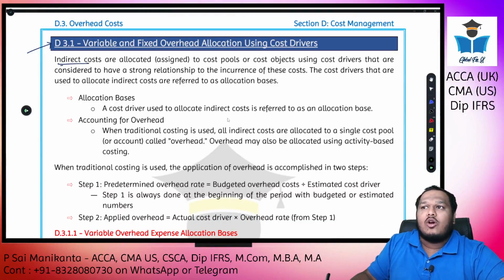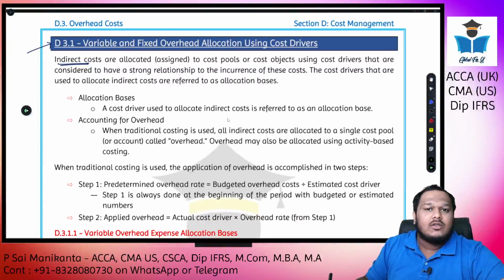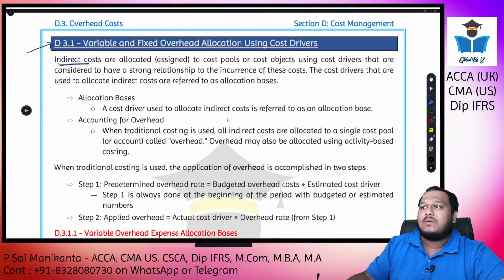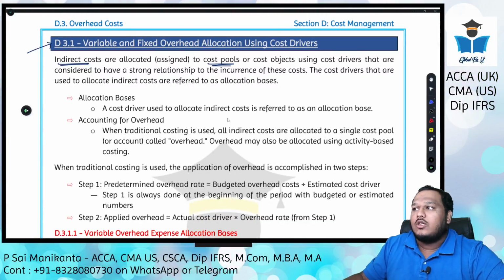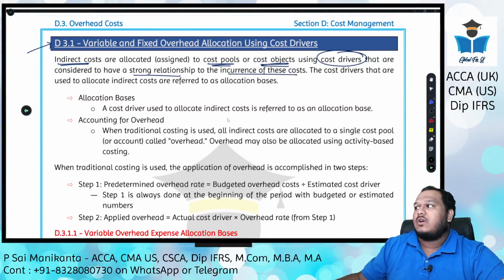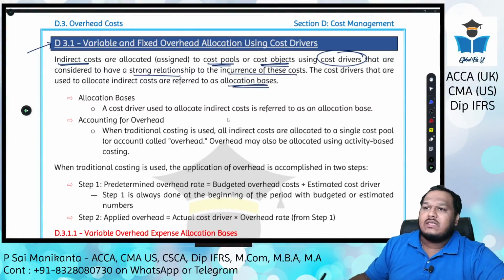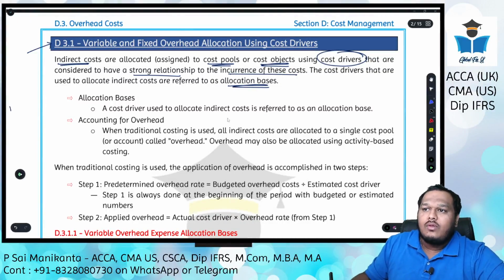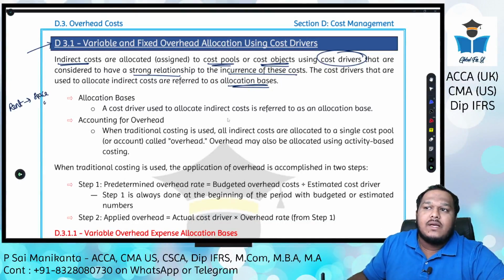So we have a lot of indirect cost. What are indirect costs? Indirect material, indirect labor, and all other indirect expenses. These are allocated to cost pools or cost objects using the cost drivers that are considered to have a strong relationship to incurrence of these costs. The cost drivers that are used to allocate indirect costs are referred to as the allocation basis. If you remember, rent is allocated on the basis of space occupied.